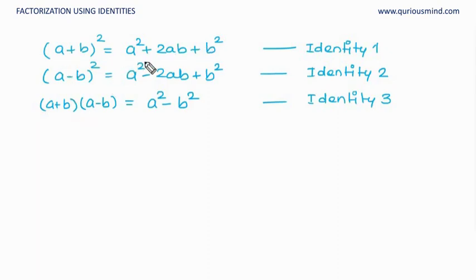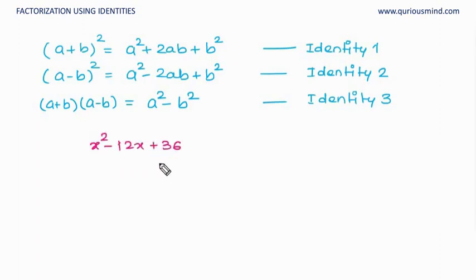In some cases, we may have to use more than one identity, or we have to use the same identity more than once. So we need to be observing for these right hand sides resembling the expressions. Let's take a few examples.